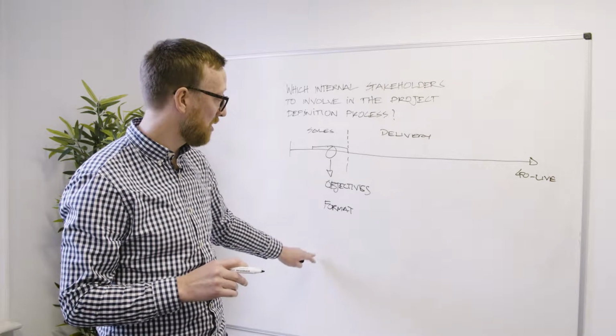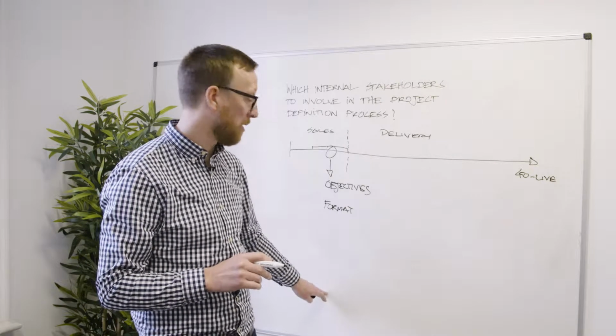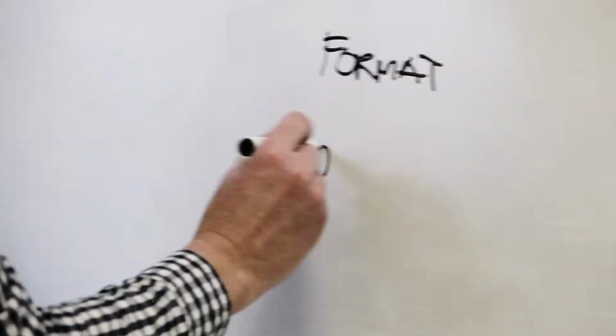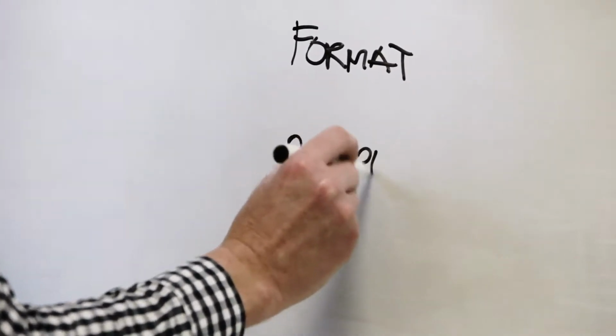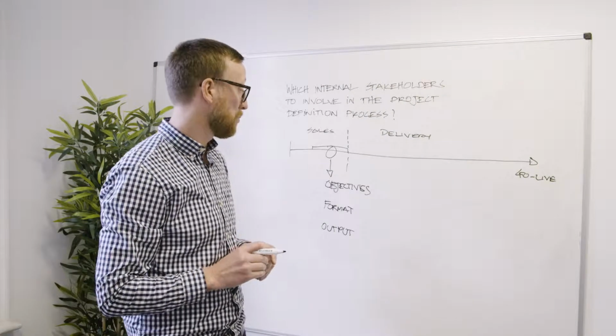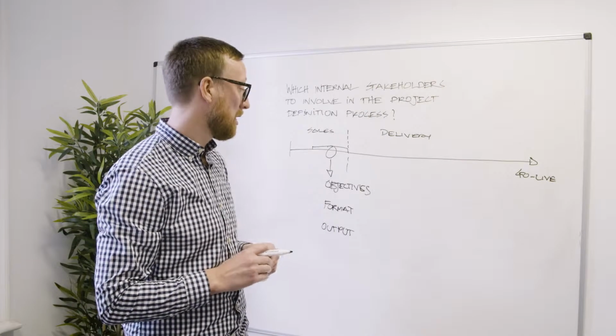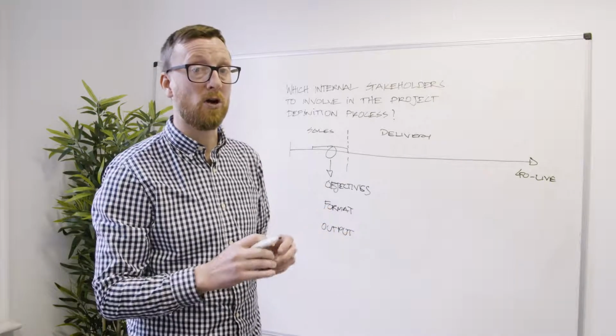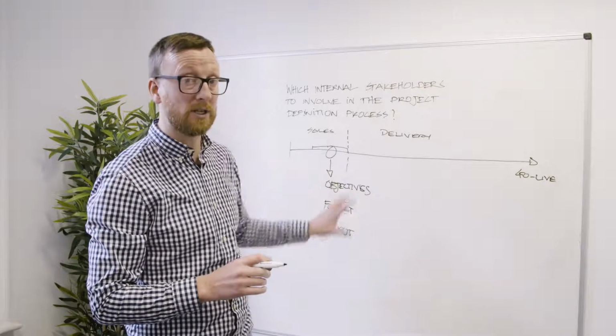Now, what's the output before we speak briefly about the attendees? What's the output from this session? Well, Dealflo is going to produce a project definition document, which will be returned back to the client. That project definition document outlines at a high level the scope of the solution as agreed within the workshop.